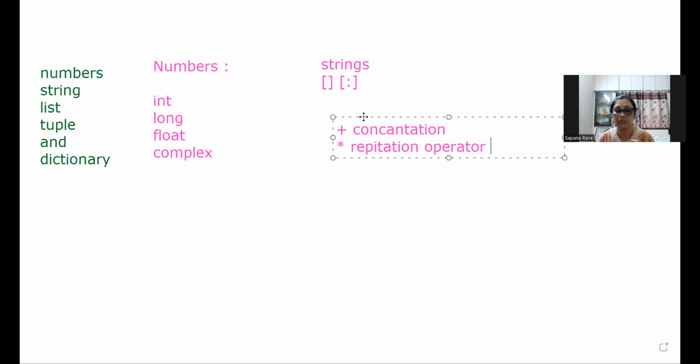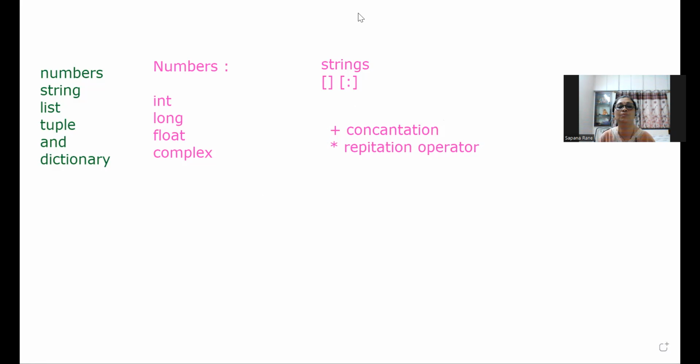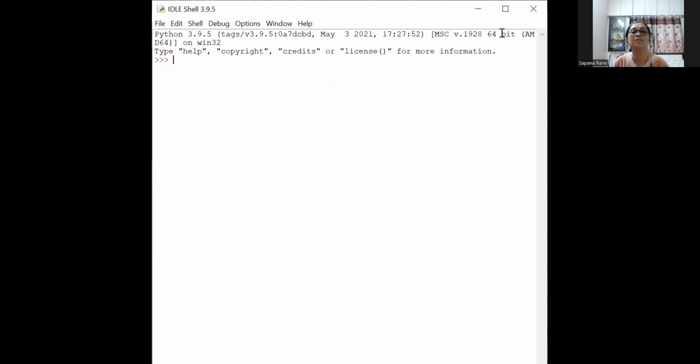So let us actually see the way in which we are going to use the string in case of Python. Let me share Python IDE with you. Now Python shell is visible to you.